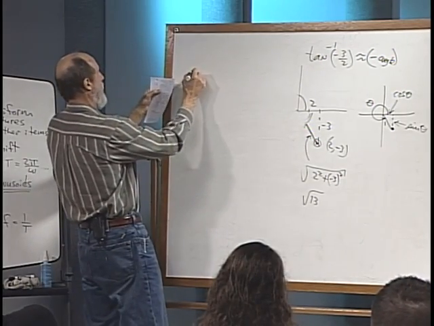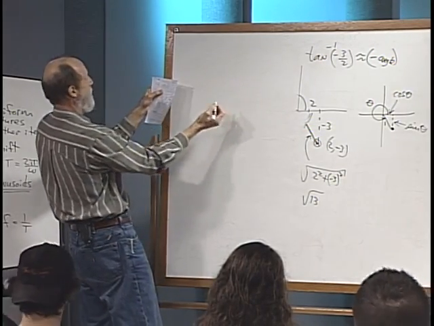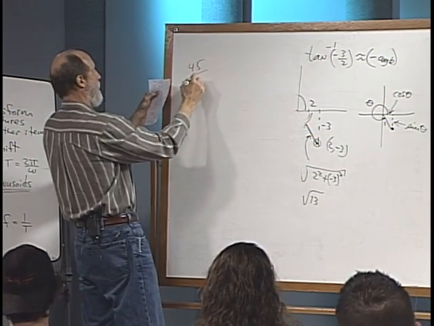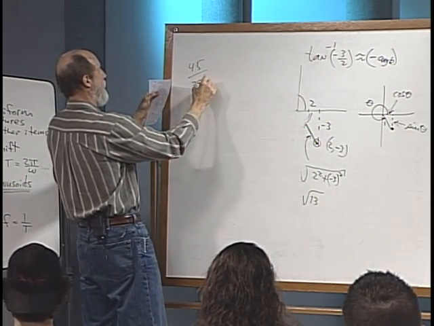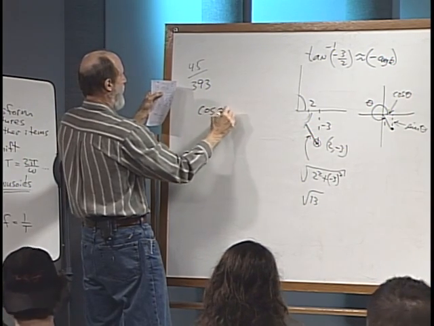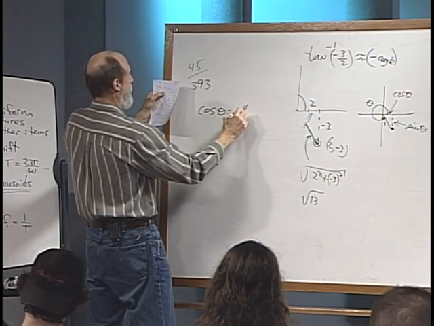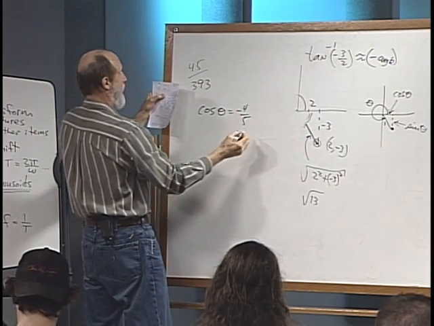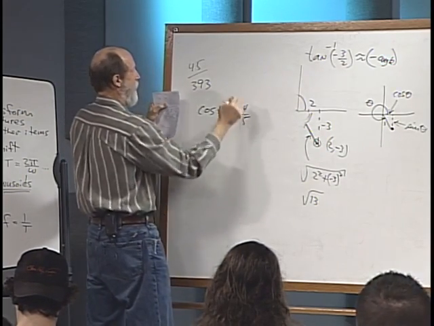Let's say I gave you, and this would be a problem in the book, I think like number 45 on page 393. If I give you a cosine of an angle and tell you it's minus 4/5, and I tell you that theta is in the third quadrant.